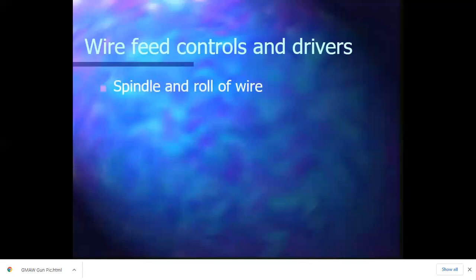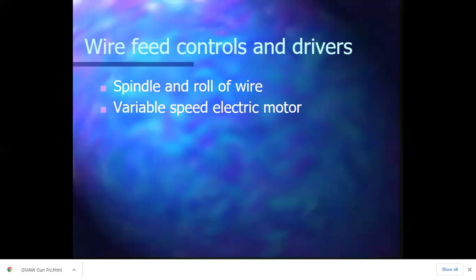So, important things in that system. Going back to the very first slide in the slideshow, the patent for the gas metal arc welder in 1924, he had a spindle and a roll of wire. So we still have that spindle and roll of wire, and a variable speed electric motor. The variable basically comes from a dial called your IPM, or inches per minute.